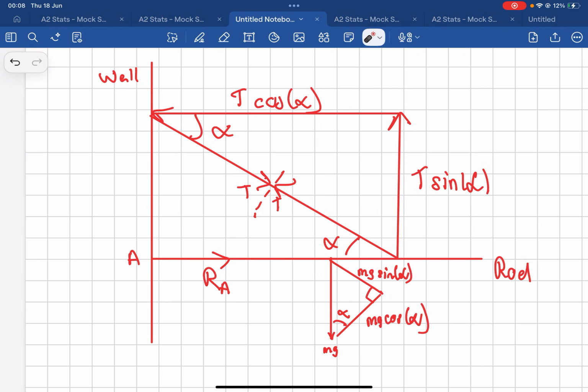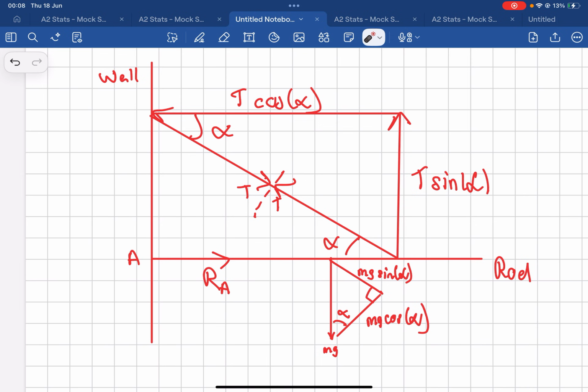Now if T sine alpha is greater than mg, well, to compensate for this imbalance, we want to increase the force that's got less of a magnitude. So in this case, that would be mg. So here we'd have friction acting this way, mu RA.